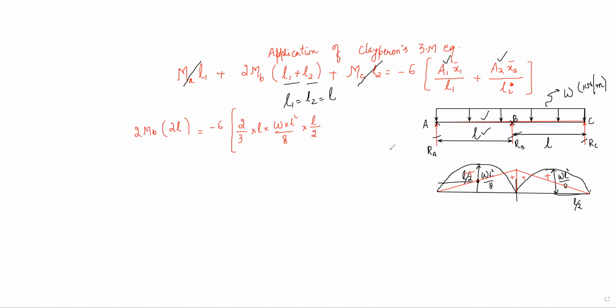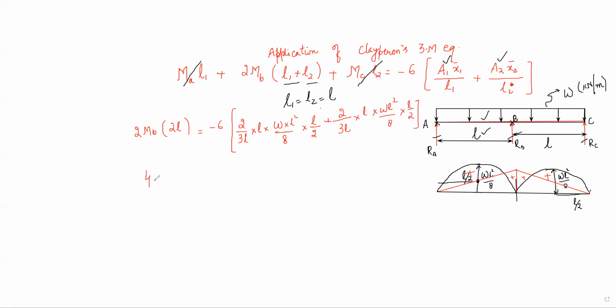And in the denominator, we are also having L1, that's equal to L. So let me write that as 2/3 of... Plus, again, A1 is equal to A2, x1 bar, x2. So we can also write this entire term as plus 2/3 of L into L into WL square by 8 into L by 2.